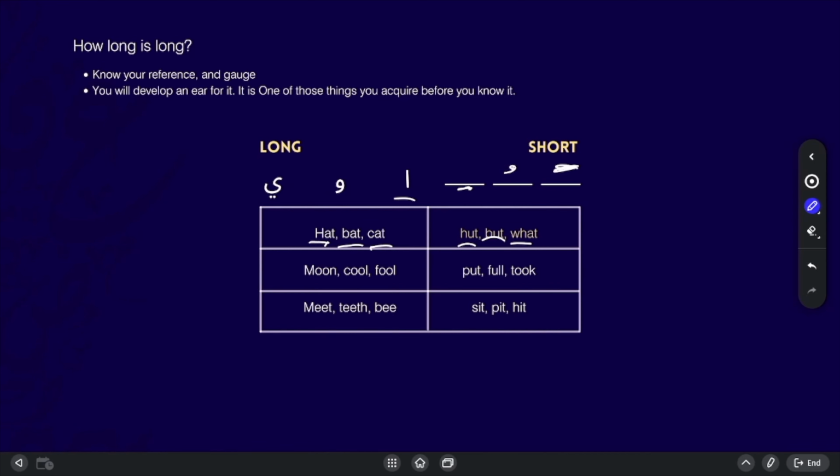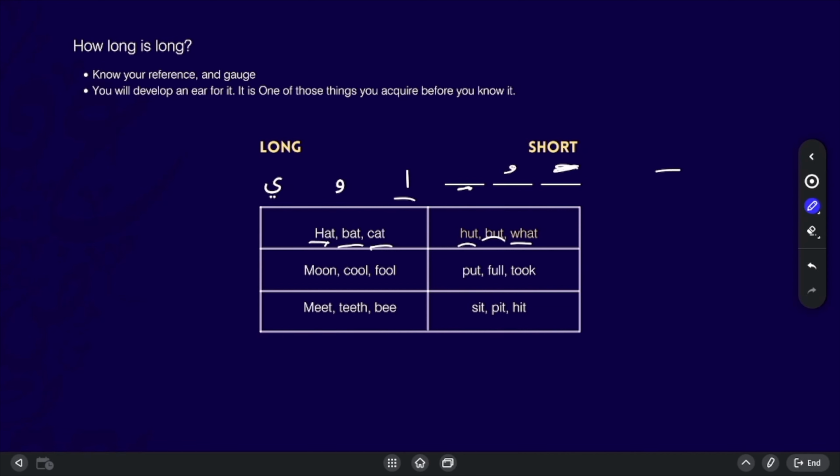You will never think of these as equivalent in English, would you? So this is how you can start making that comparison and making sense of the differences between short and long vowels. Whenever you see a fatha, short vowel, it has to sound like hut, but, what. If it sounds anything longer than that, even if it's bat, hat, that's long in Arabic.